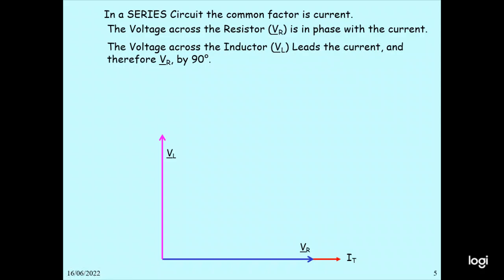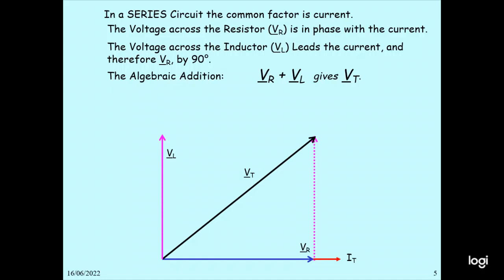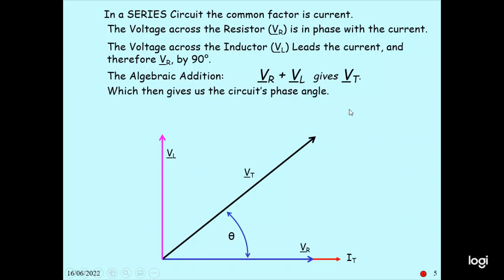So this is the voltage across the inductor at 90 degrees. Phasor addition of VR plus VL is equal to VT. So this is the total voltage VT. VR is the resistance voltage, VL is the inductance voltage. So in this case, between VR and VT, this is an angle, the circuit phase angle.